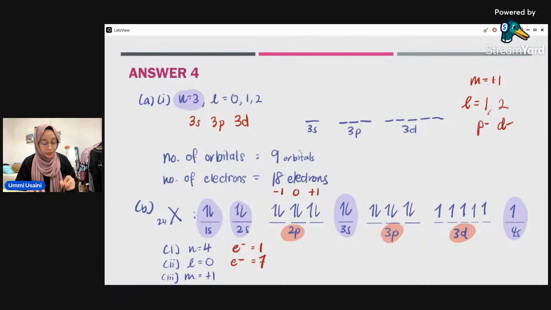Okay, jadi daripada sini pula, so let's say kamu dah assume yang the most right one adalah positive 1. Okay, jadi untuk M equals to positive 1, daripada 2P kita ada 2 elektron. Okay, and then same goes to 3P. So daripada 3P pun kita boleh nampak ada negative 1, 0 and positive 1. So again, kita ambil je, let's say yang paling kanan tu adalah positive 1.